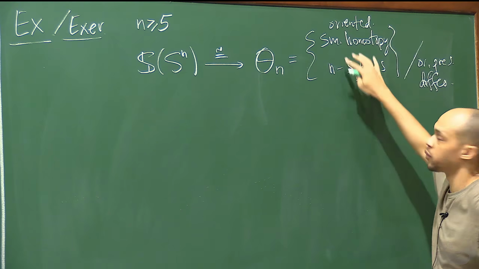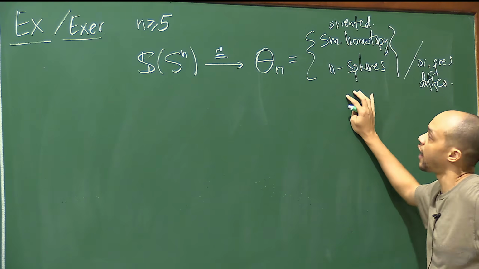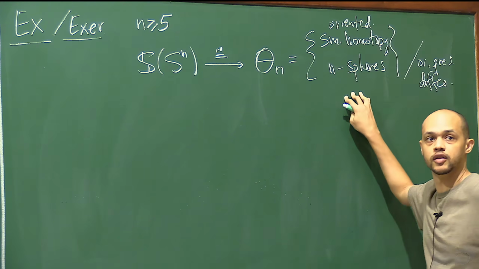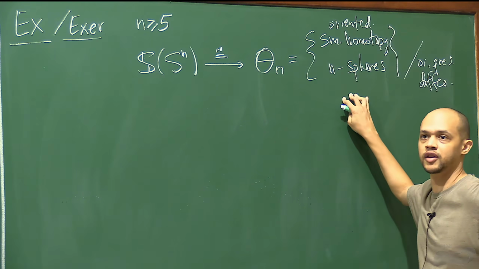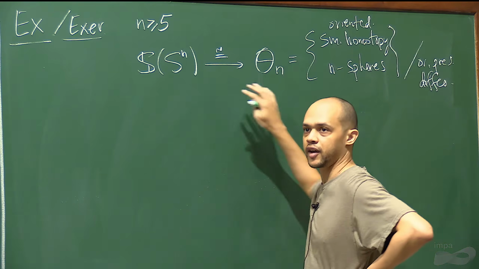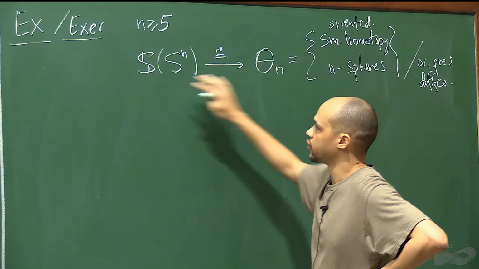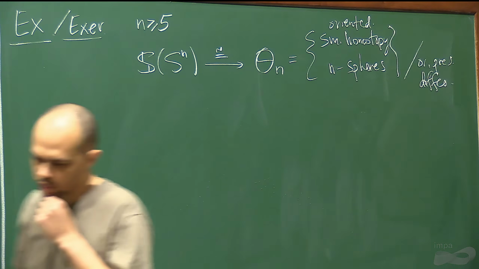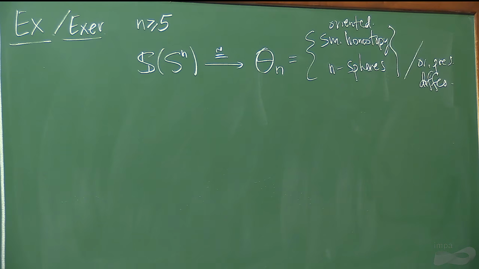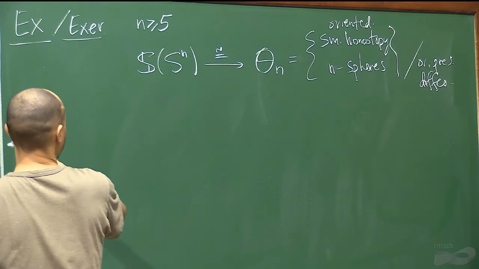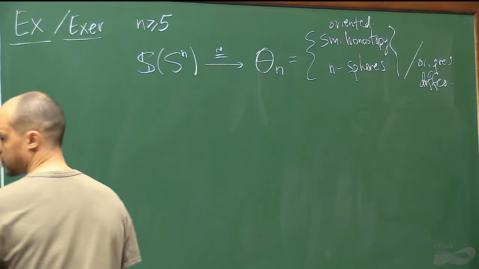So a smooth homotopy n sphere gives you a smooth structure on the topological n sphere, which gives you an element here. It's slightly more complicated to explain why the map is injective, but I'm going to put that in the exercise with some hints.